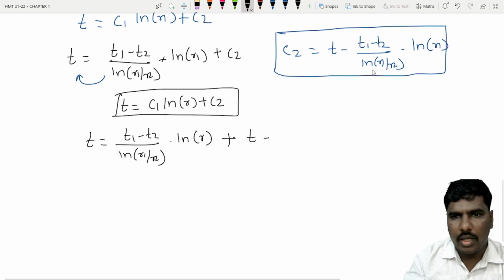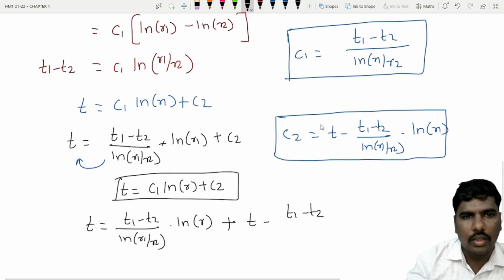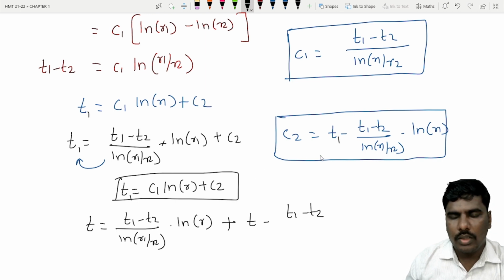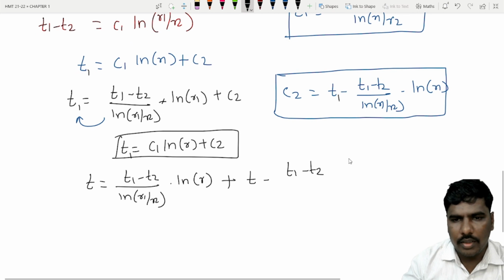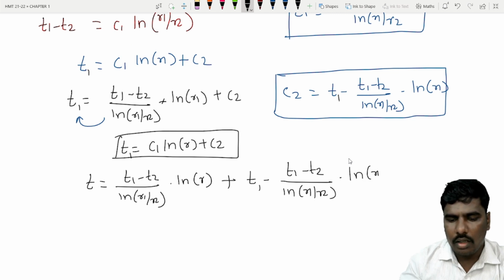That is T1 minus (T1 - T2) upon ln(R1/R2) into ln R1. Here this is not T, actually it is T1.